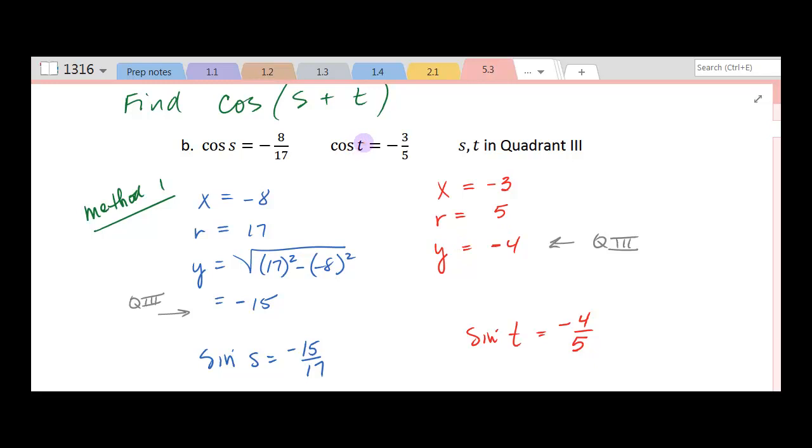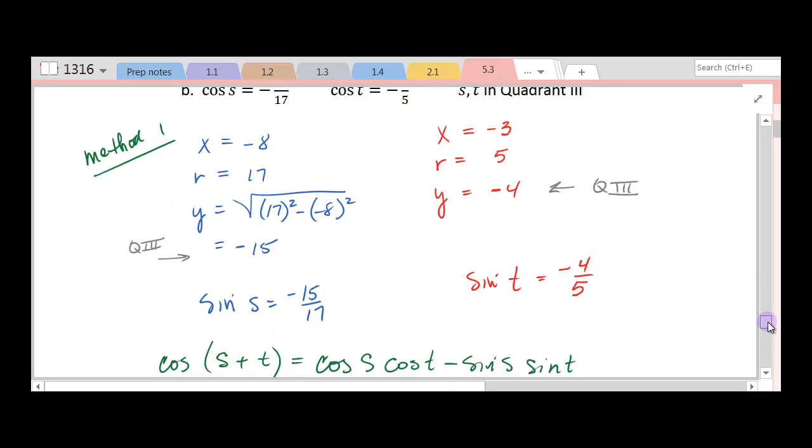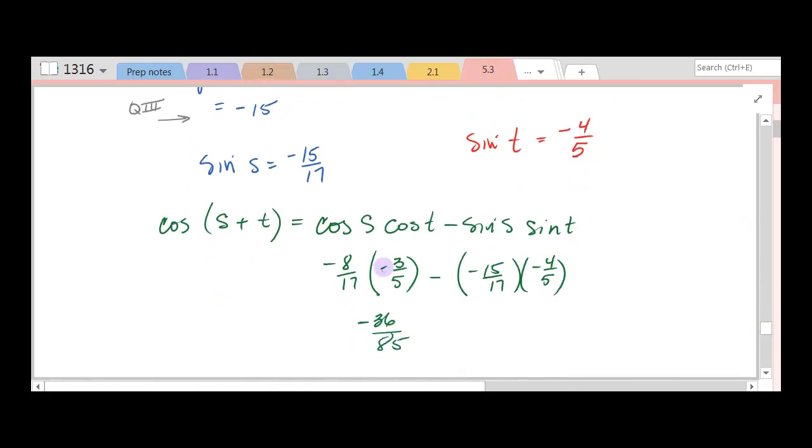Once I have that, I can again use our definition of trig functions to figure out the sine of angle s, which is y over r, and the sine of angle t, which is again y over r. Now that I know what all 4 components are, I can plug it into my identity and simplify. So here I have plugged it in, simplified, and you find out that it's -36 over 85.